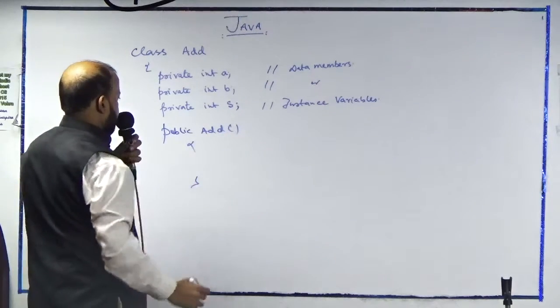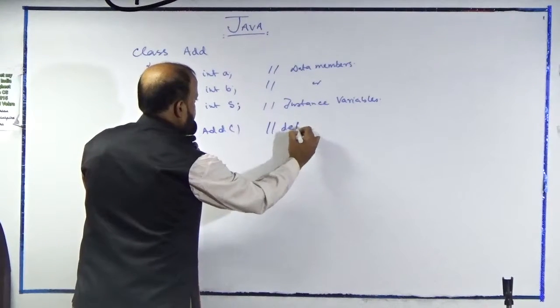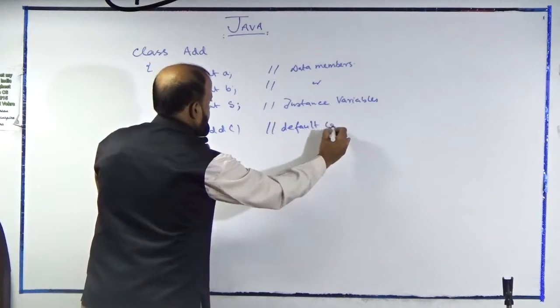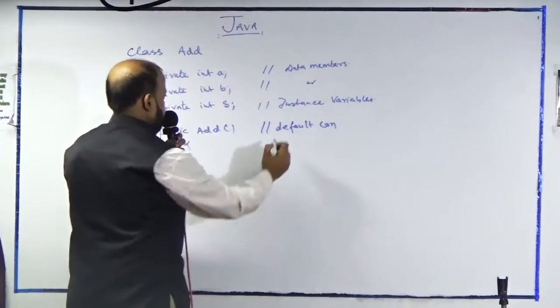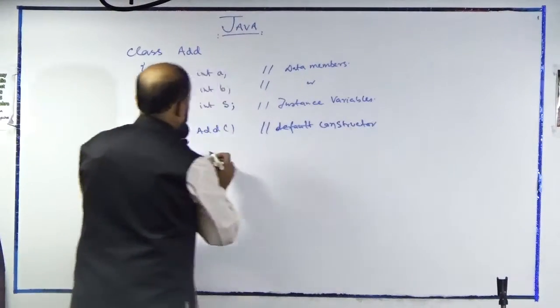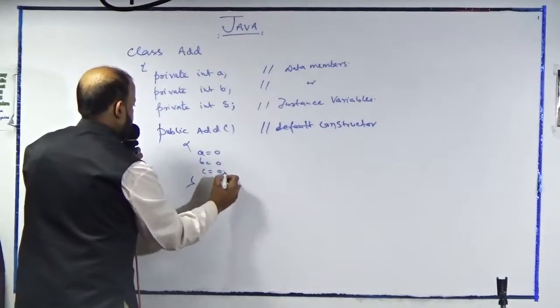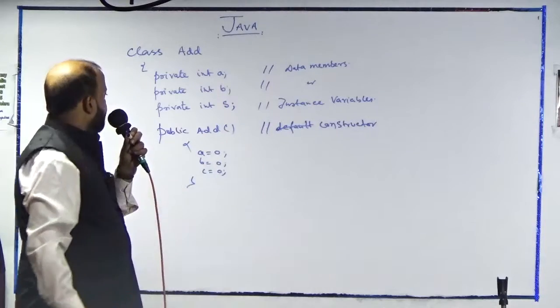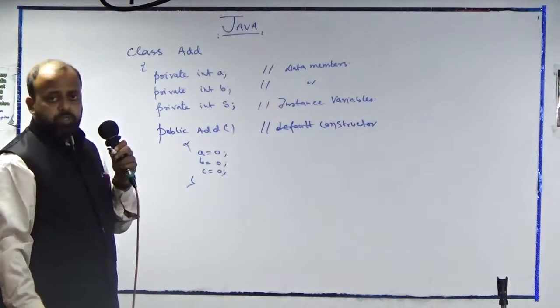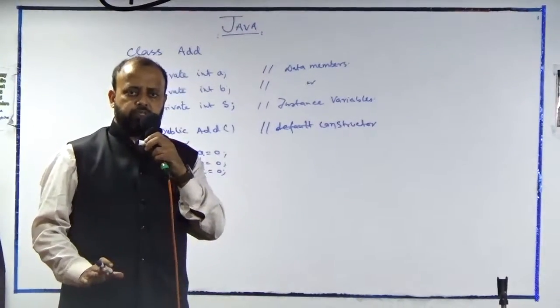This one is known as the default constructor, or better you can say constructor. Normally it initializes the data members, but you can do anything inside it.